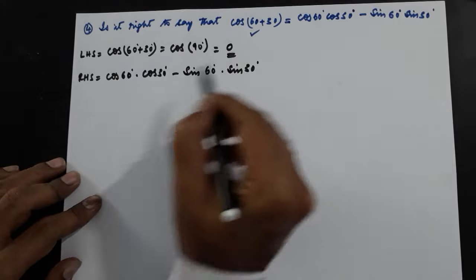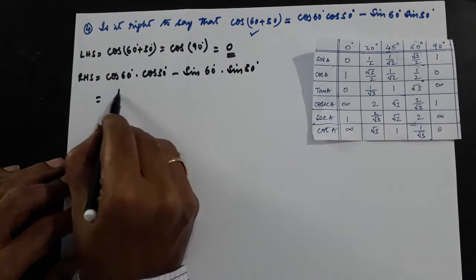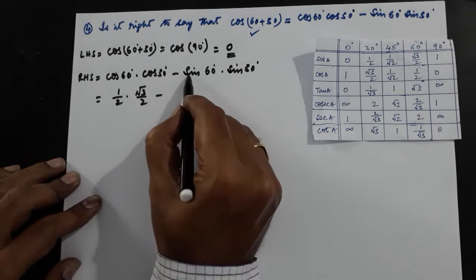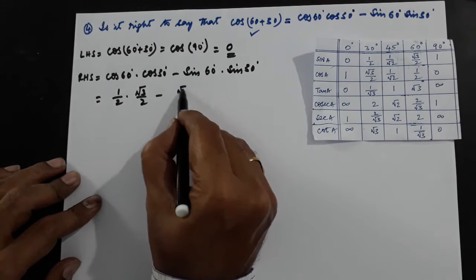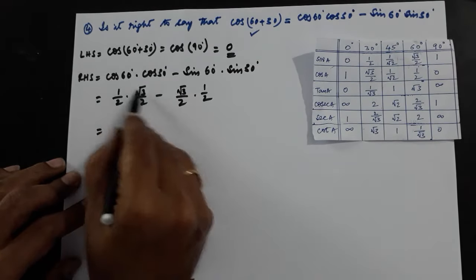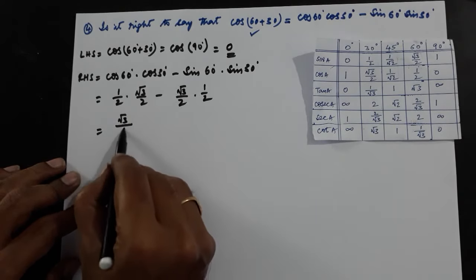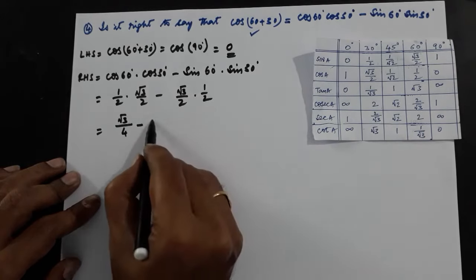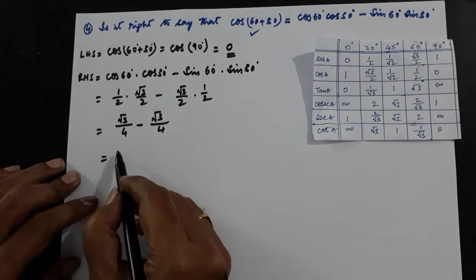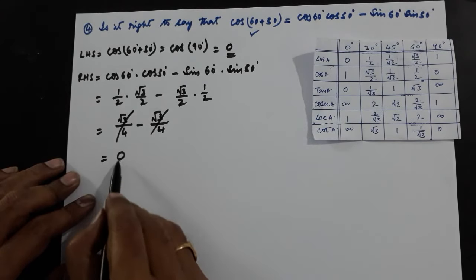So we will find out the values. What is cos 60? Cos 60 is 1 by 2. What is cos 30? Root 3 by 2. You should know that. Sin 60 is root 3 by 2. Sin 30 is 1 by 2. Okay. So this is root 3 by 2 into 2, 4 minus root 3 by 2 into 2, 4. Both are the same actually. So we have 0.